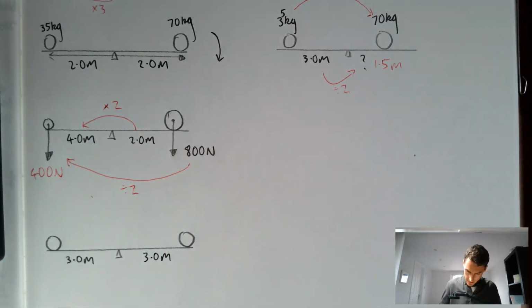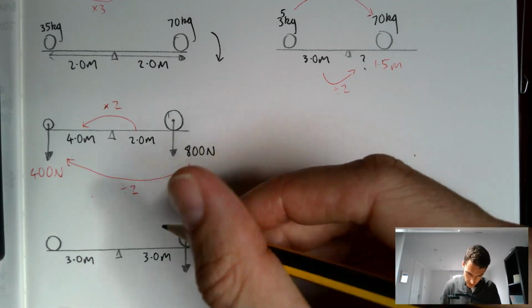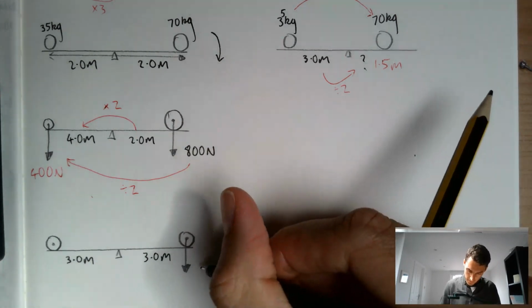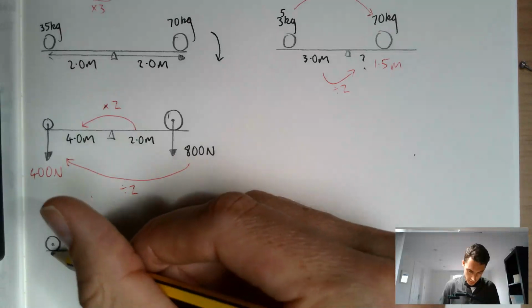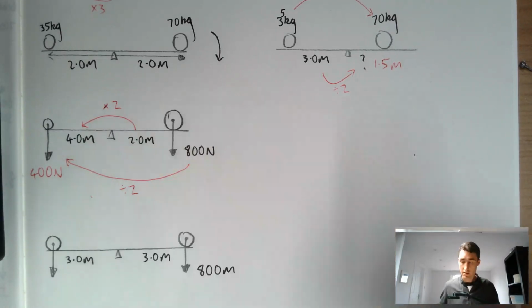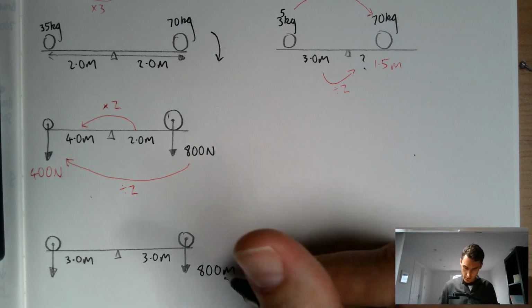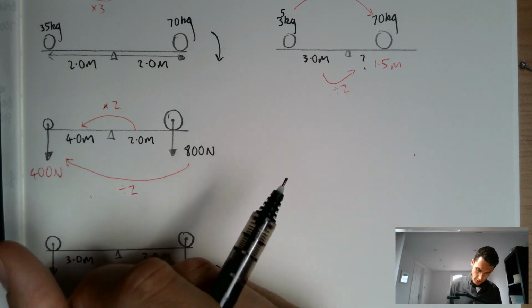I know I have a weight of 800. To balance the seesaw, what must the weight of my son be? And you could do times 1 times 1, but I think students will spot pretty easily that if you've got balanced moments and the distances are the same, sorry, that's not 800 meters, that's 800 newtons, then this must be 800 newtons as well.